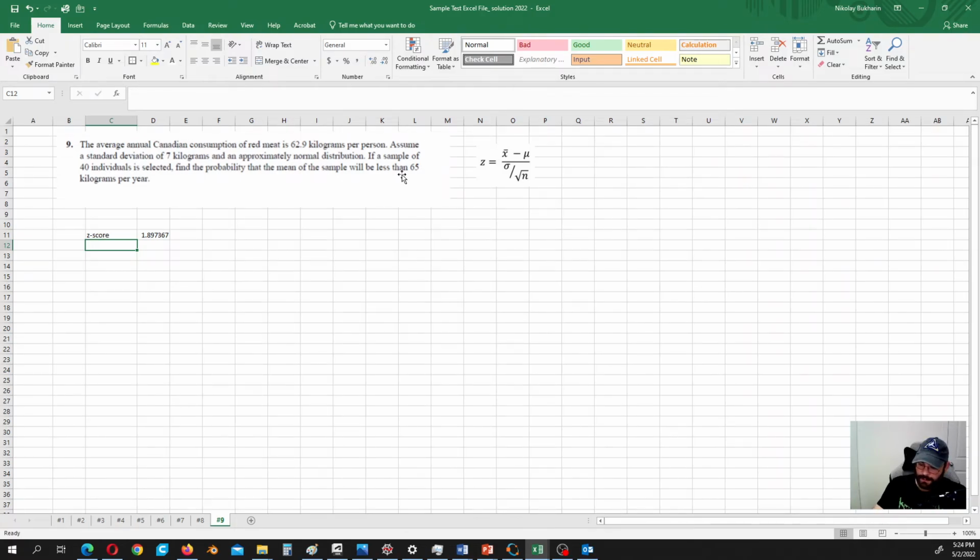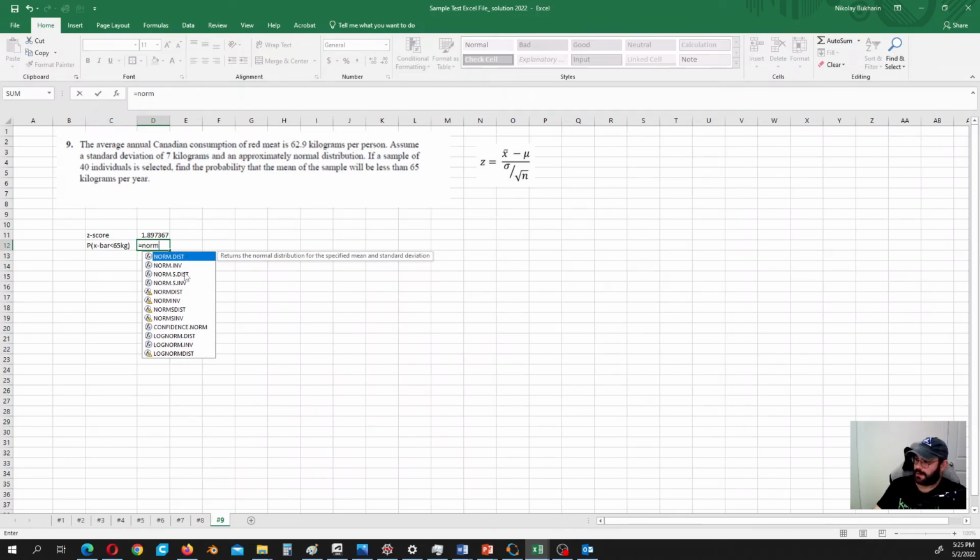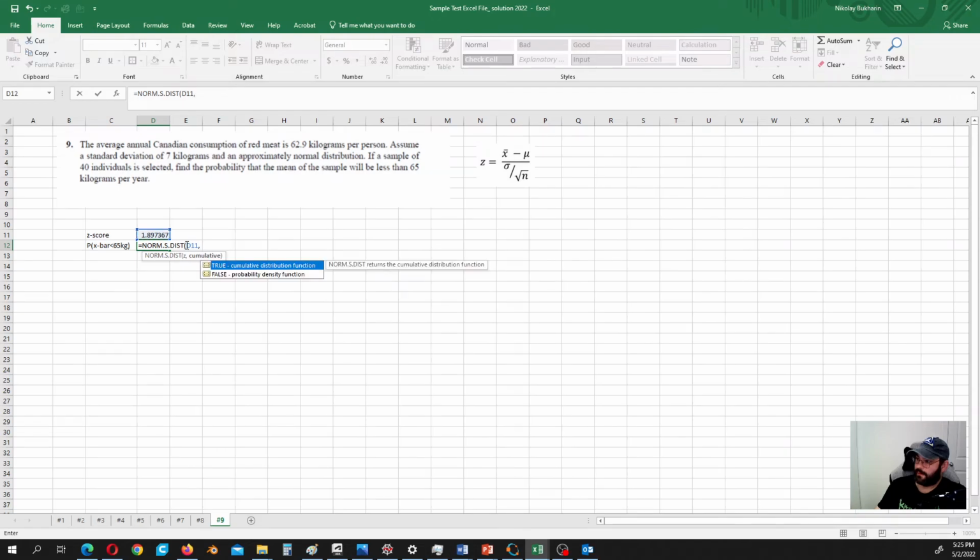So the probability that the mean x bar is less than 65 kilograms is equal to normal standard distribution of our z-score, and it is cumulative because it is less than.